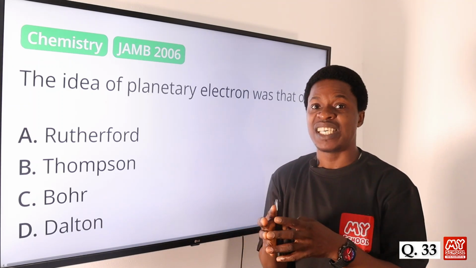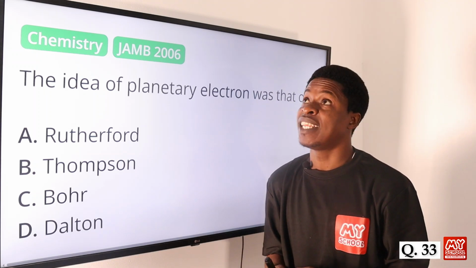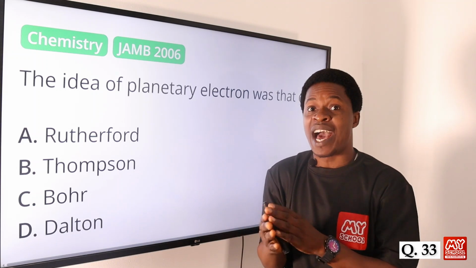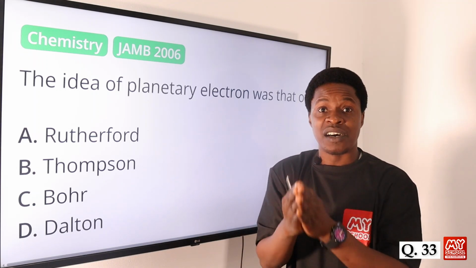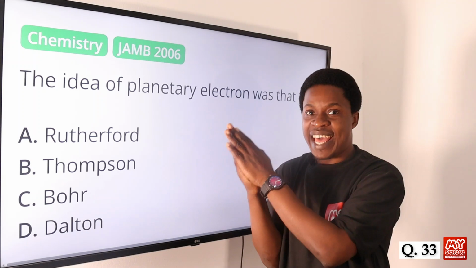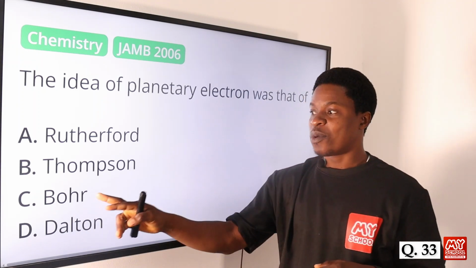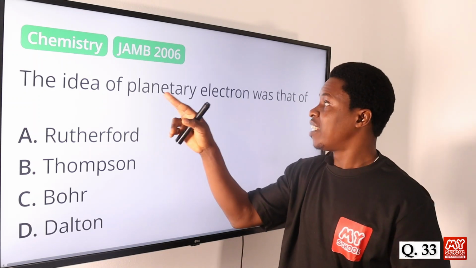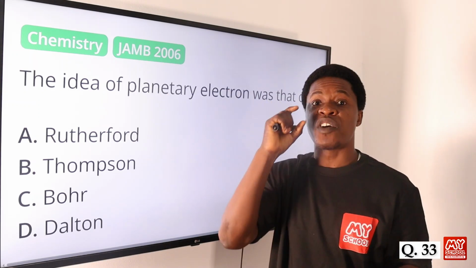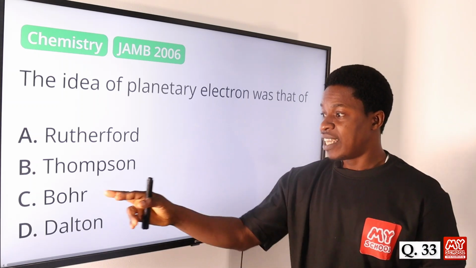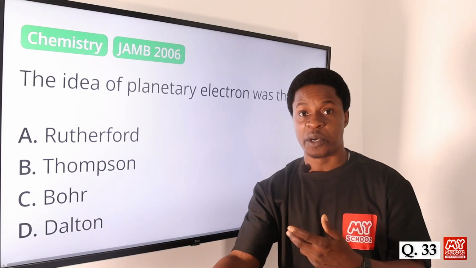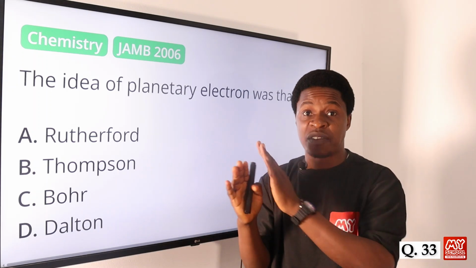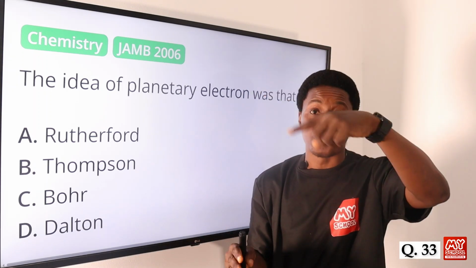He came up with the fact that those electrons revolving around the orbit can be in shells, like we have the K shell, the L, M, and N. So this was in 1913, this was in 1911. So the first person was Rutherford, but it was Niels Bohr that redefined it and said electrons can move from K shell to other shells, talking about the different energy levels where electrons can revolve around.